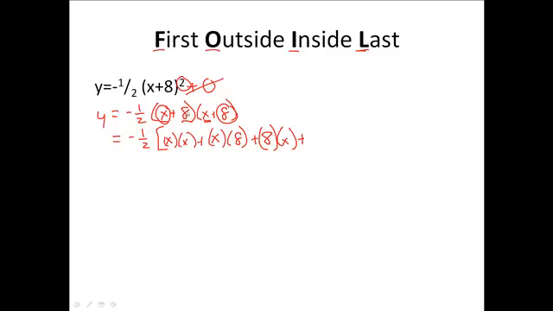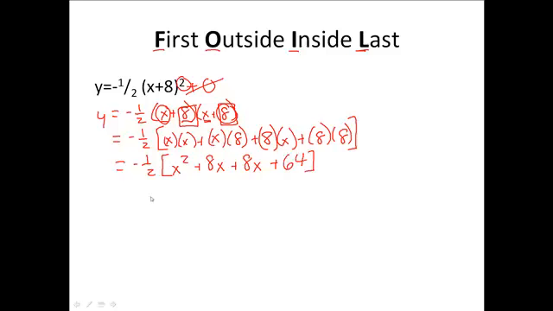And the last is going to be our 8 and 8 here, so plus 8 times 8. Now we do our multiplication inside the bracket, so we have x squared plus 8x plus 8x plus 64. Then we combine like terms. X squared plus 16x plus 64.